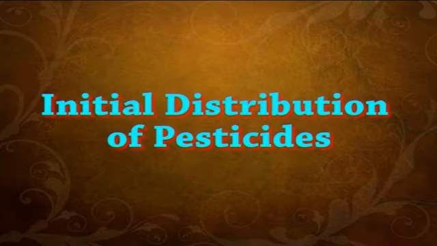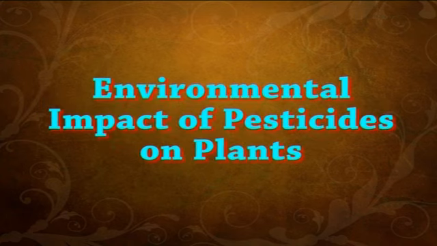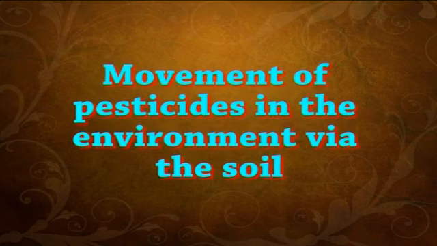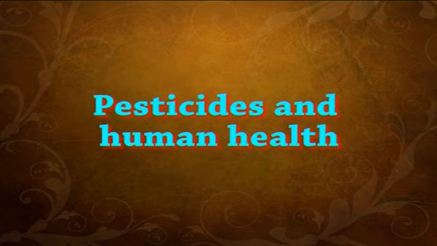They are initial distribution of pesticides, environmental impact of pesticides on plants, environmental impact of pesticides on soil, movement of pesticides in the environment via the soil, and pesticides and human health.